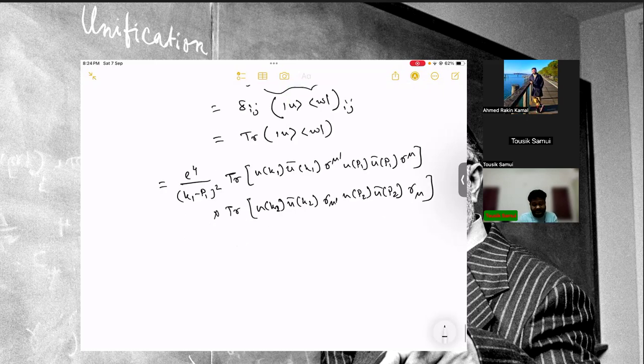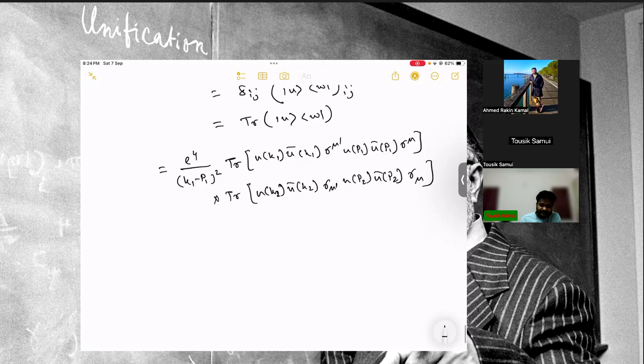And then if we remember the completeness relation for u's and v's, let us write the u's. Sum over all helicities or spins of u ū, we know this is nothing but k1 slash plus mass, right?